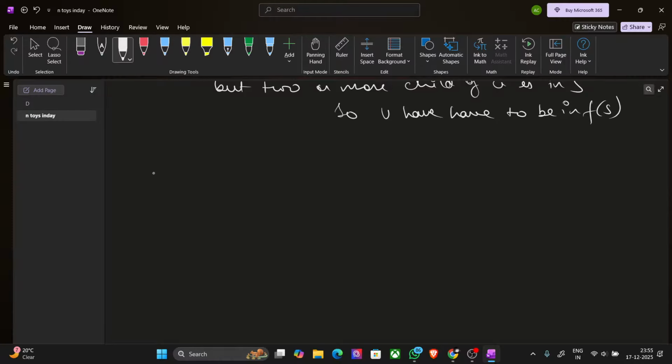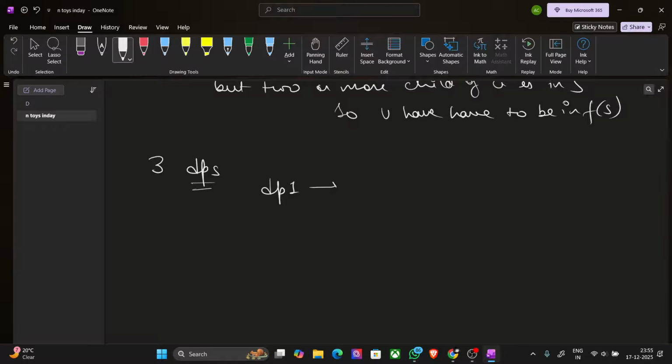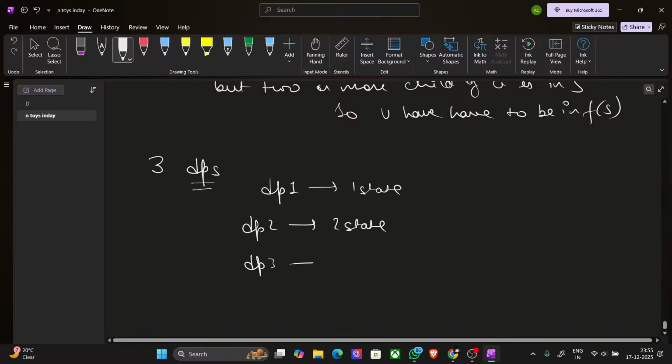Now for all these three states, I can choose three DPs, in which the first DP will describe the first state, the second DP the second state, and the third DP the third state.